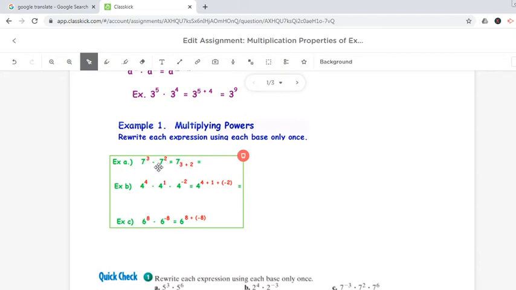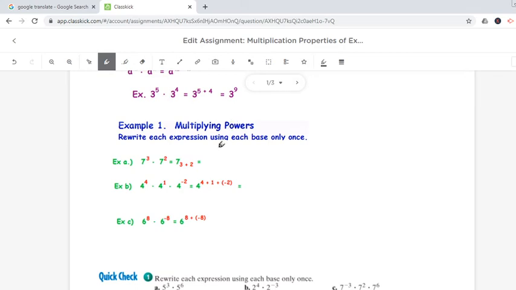And then exponents, we add. So 3 plus 2, 5. So it's 7 to the 5th.